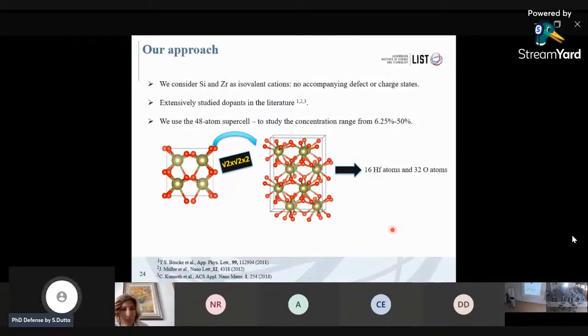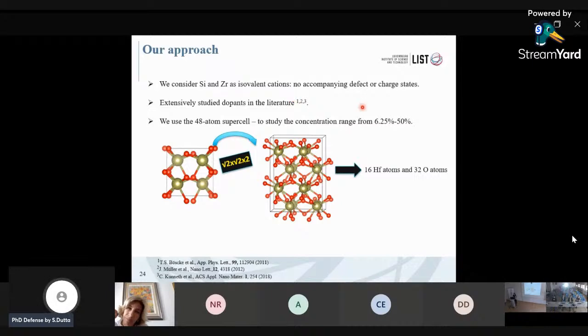So we will not be introducing any extra charge state, which keeps it a simple situation. We also studied these because they are extensively studied in the literature.